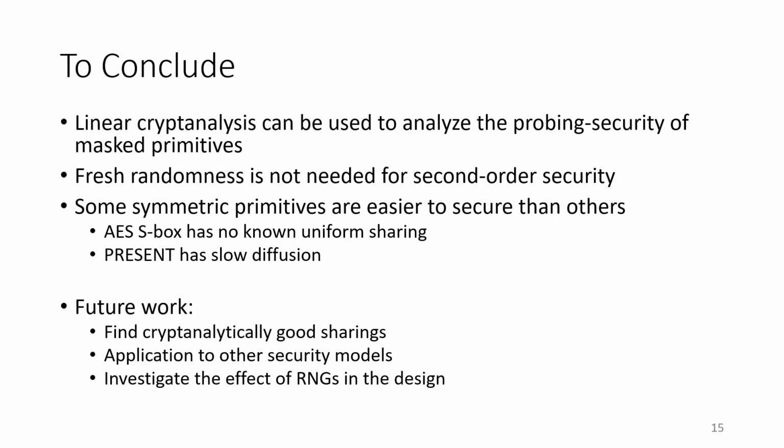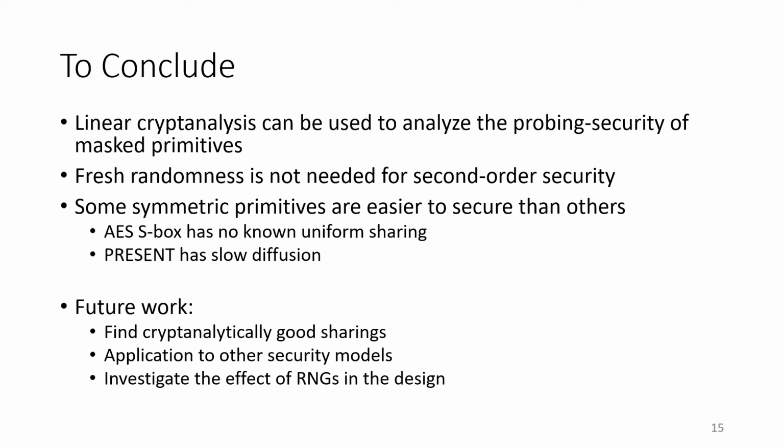And so we conclude our work. We've shown that we can use linear cryptanalysis to analyze the probing security of masked primitives. This is novel, as normally we used simulation-based models. As a practical application, we have shown that our masked LED requires fewer than 700 bits of randomness.